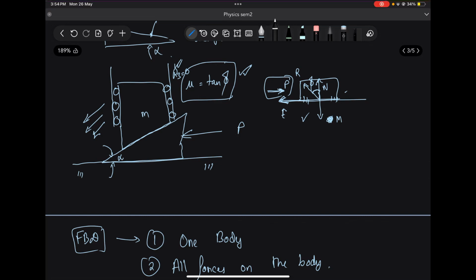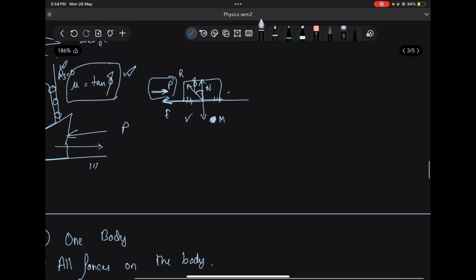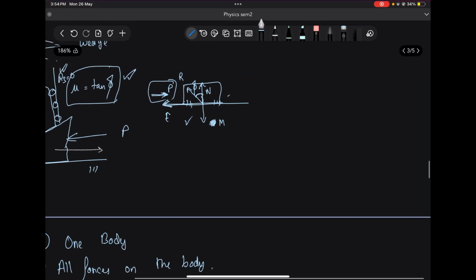So either it can slip at this point, or it can slip at this point, or it can slip at both the points simultaneously. So either the block on the wedge itself slips like this, or the block slips downwards. So the block will slip downwards like this, right? So with that being said, can you think about the conditions when it will happen?